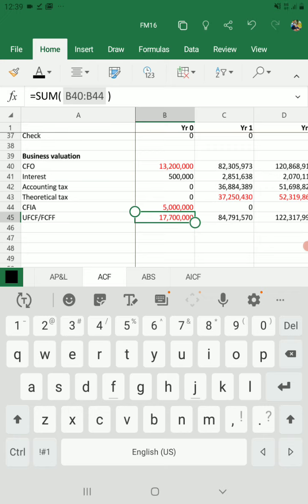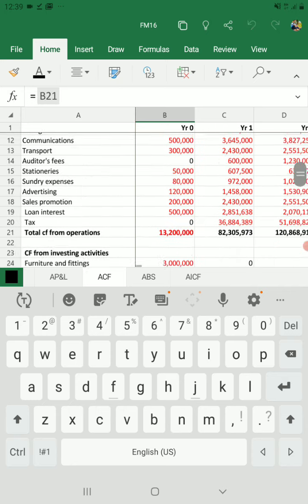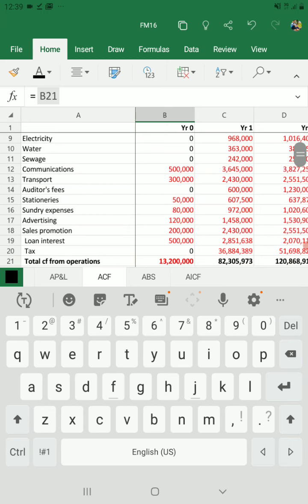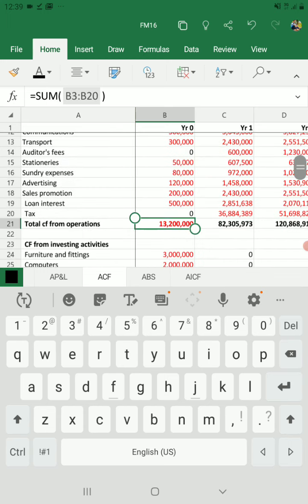Okay, so from our unlevered free cash flow, and as I said, we started with cash flow from operations. Our cash flow from operations using this method, which is this one, the actual cash flow method, does not have any adjustment for non-cash items, because in this actual cash method we only deal with cash items.